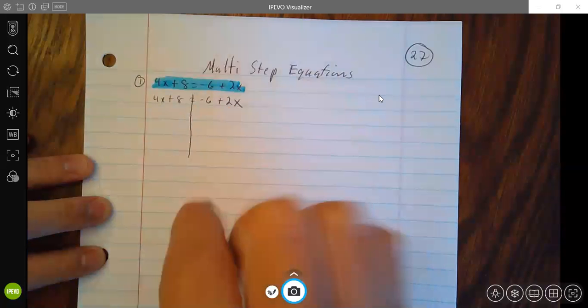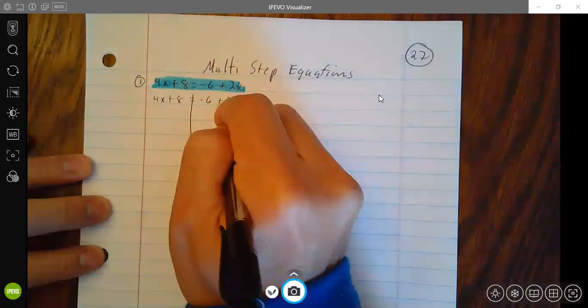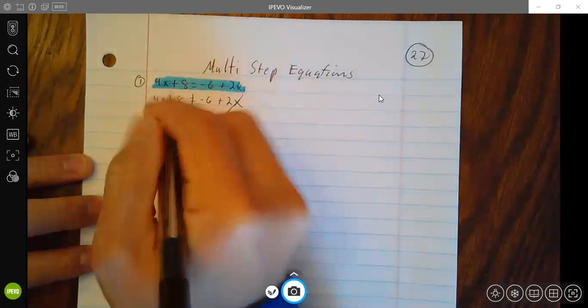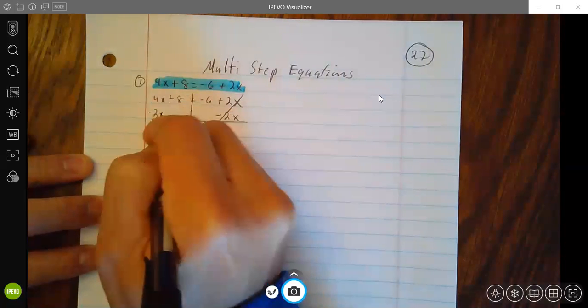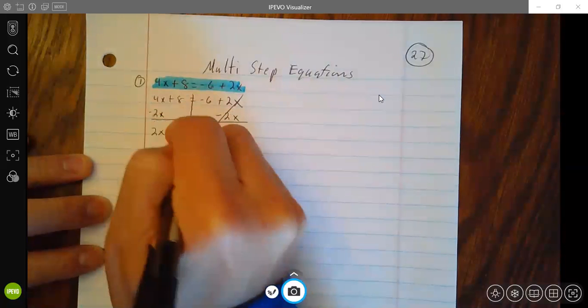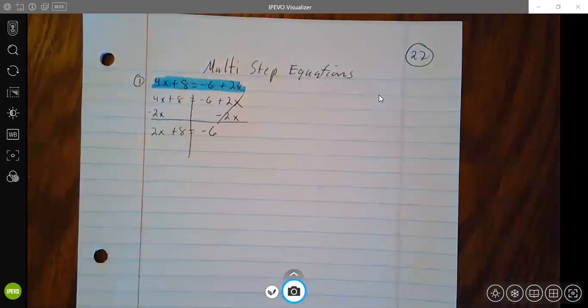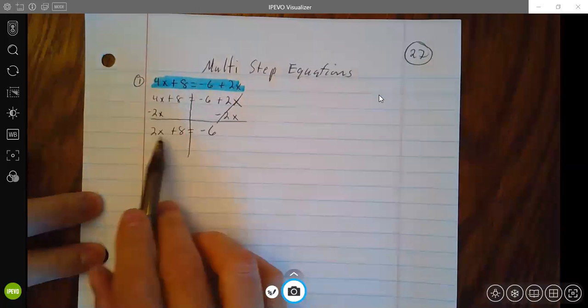So it says plus 2x, so a minus 2x. This is all just from yesterday. 4 minus 2 is 2. And then I have a negative 6. Okay. Now I have a two-step equation, 2x plus 8.